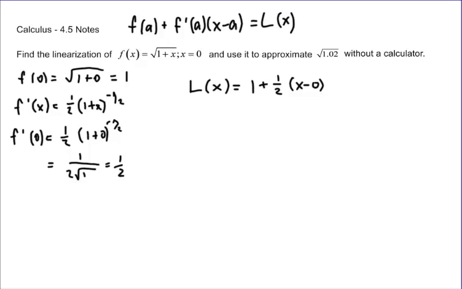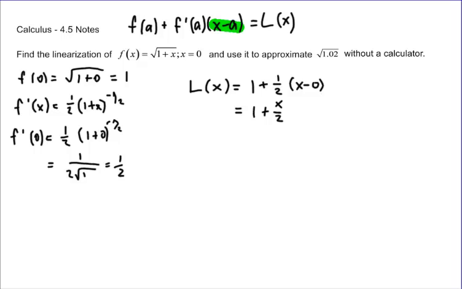This is your linearization. If you want to reduce it a little more, this is just plain old x minus a, so don't make it more complicated than it is. This gives us 1 plus x over 2 for our linearization.